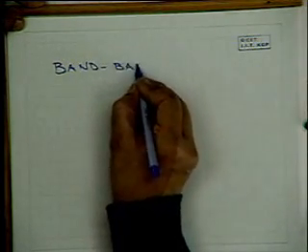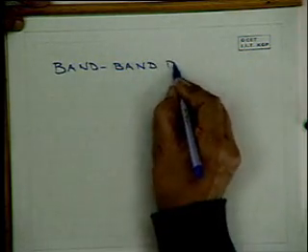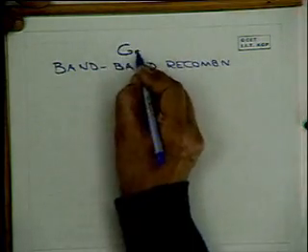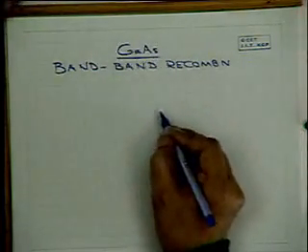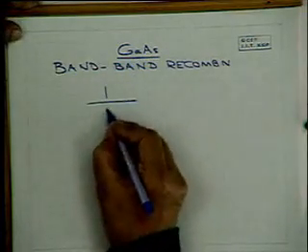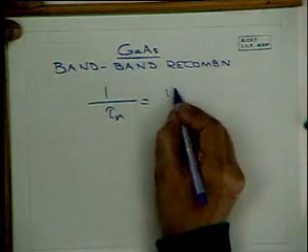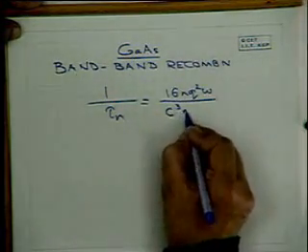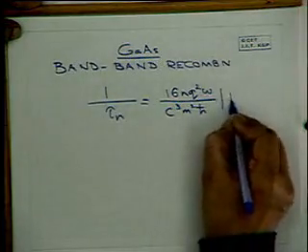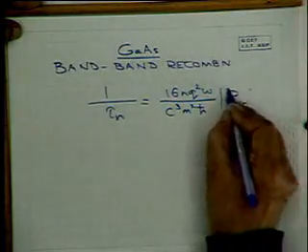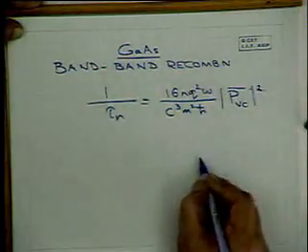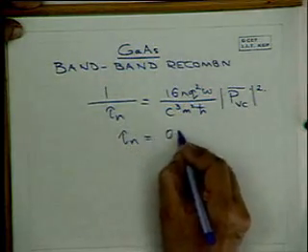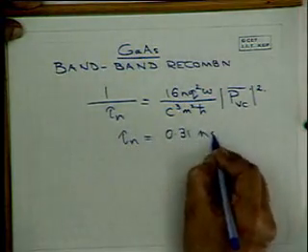Band-to-band recombination transition probability, again for gallium arsenide, is given by 1 by tau n equals 16 n q squared w by c cubed m squared h over the same matrix element. And if you put in values here, tau n comes to about 0.31 nanosecond.